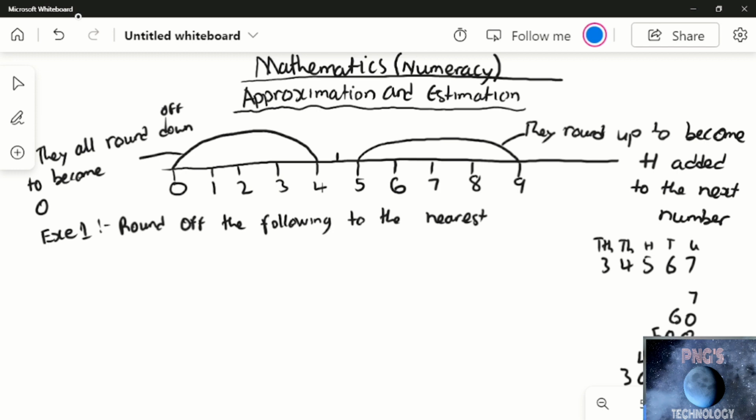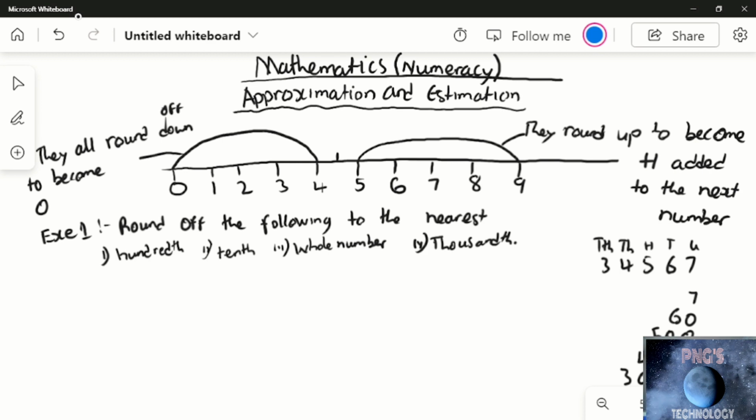So let's see some exercises right here. So 1 to the nearest 100, tenth, whole number, thousand.